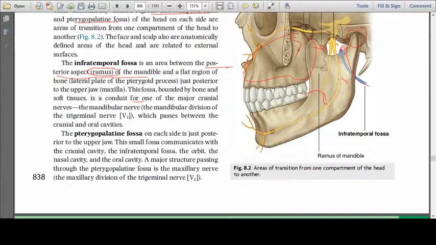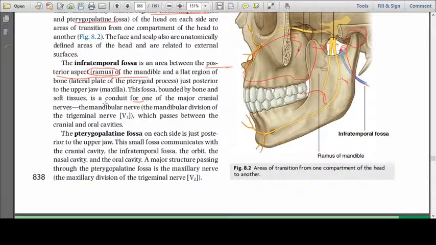So we are studying the infratemporal fossa. As we discussed earlier, it is a space just below the temporal bone, behind the ramus of the mandible, and it is also posterior to the upper jaw.